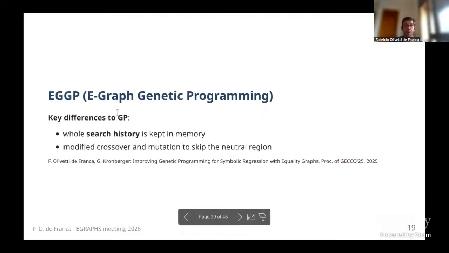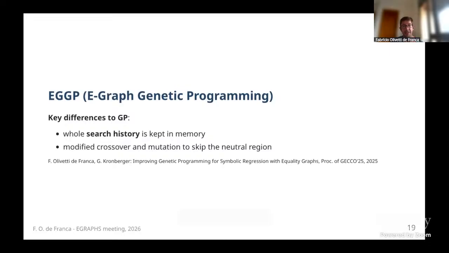And then we came up with eGGP, eGraph genetic programming, which is basically a genetic algorithm that goes through the process of creating a list of random solutions, and for each solution applies a perturbation, recombination, and then some selection to replace the current population, and keeps going like that.